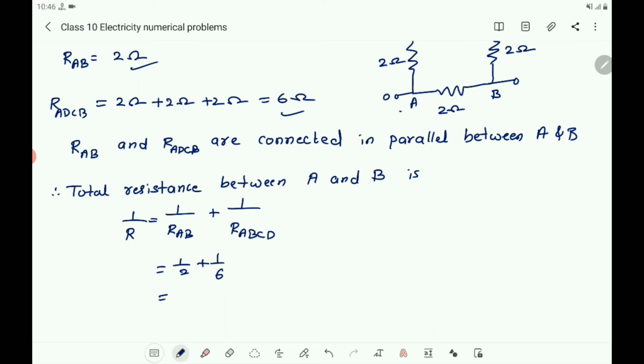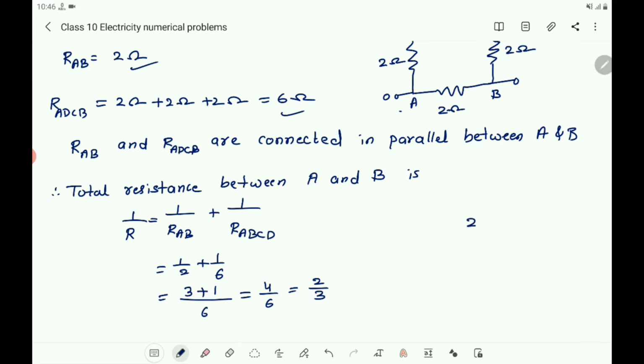Here you take the LCM. LCM is 6. 3 twos are 6, 1 three is 3, plus 1, that equals 4 by 6, and 4 by 6 is 2 by 3.